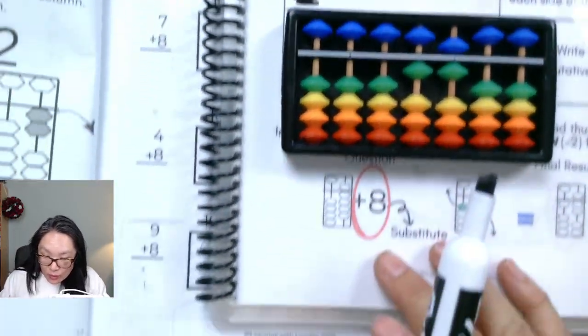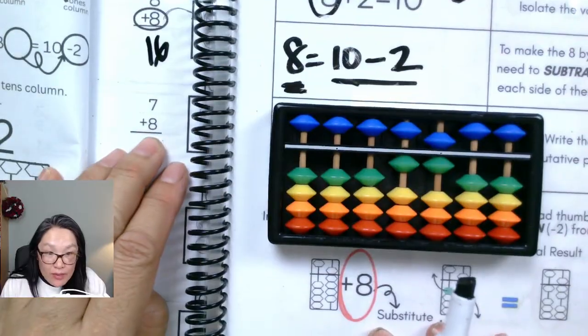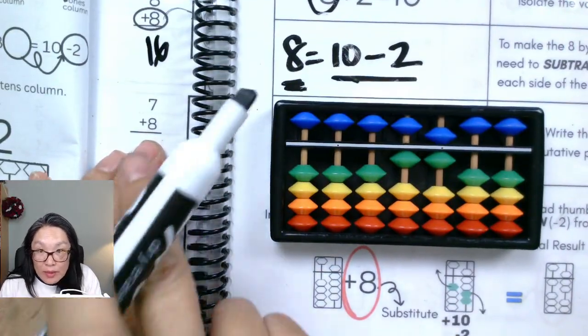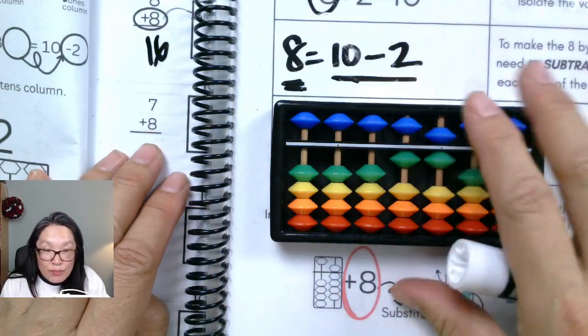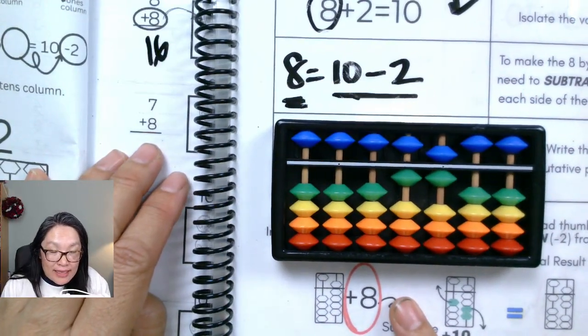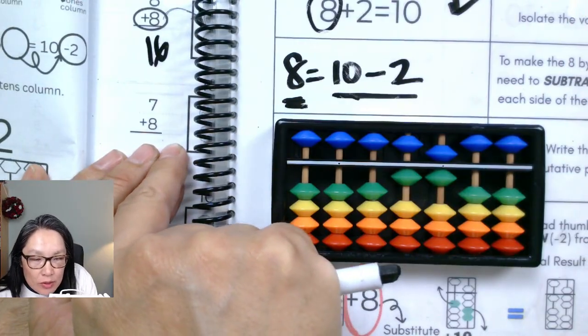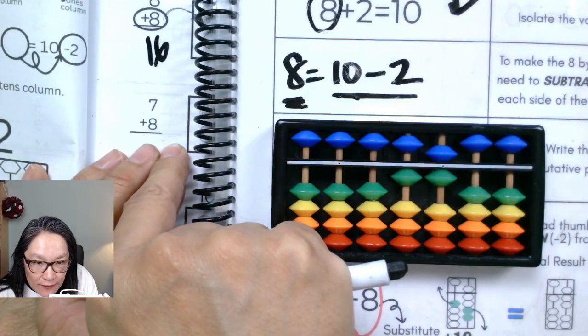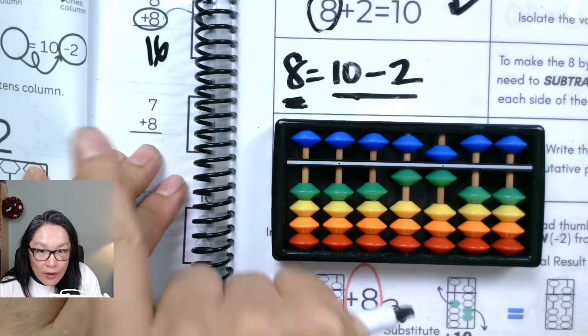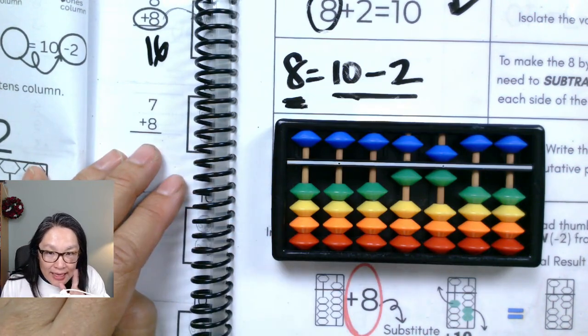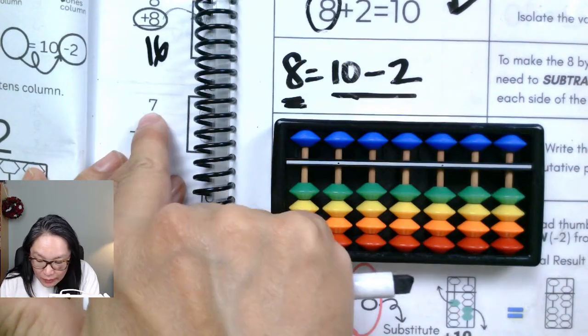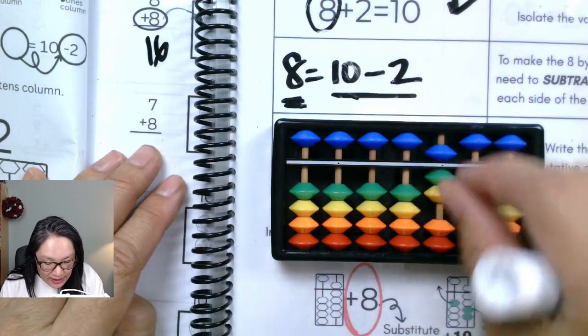So again, what we're doing in Abacus World is we're not going to memorize our doubles. What we're going to do is memorize and understand how to make an 8. How do we make the 8 work for us? In mainstream math, we would say doubles plus 1. Well, doubles plus 1 is not very specific. If you really think about it, doubles plus 1 is not specific. However, adding the 8 is very specific. And so when we add the 7, we want to add the 7 to the abacus.